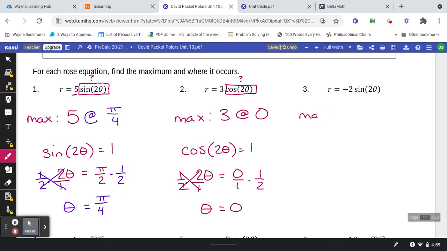Not exactly. So the next one, we don't do maximums as negative, so we're just going to say the maximum is positive 2. And what would I need to multiply negative 2 by to get positive 2? So negative 2 times what equals positive 2? That's going to be negative 1. So I'm going to now set my equation equal to negative 1.